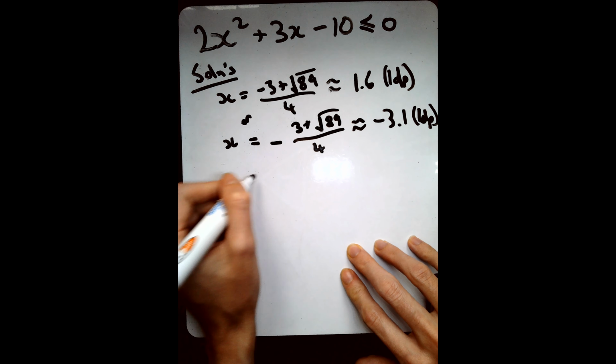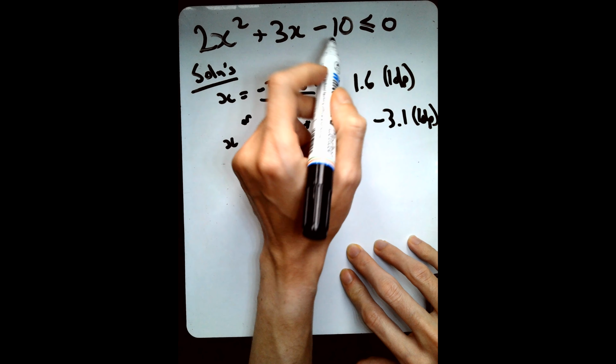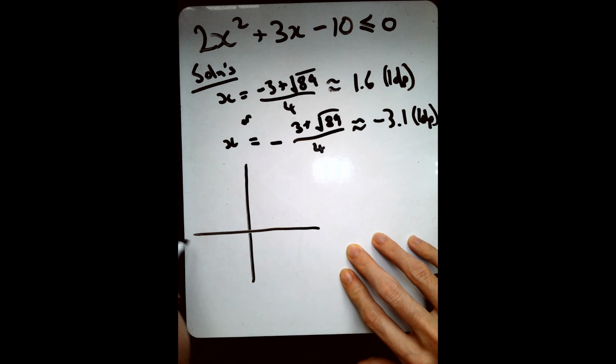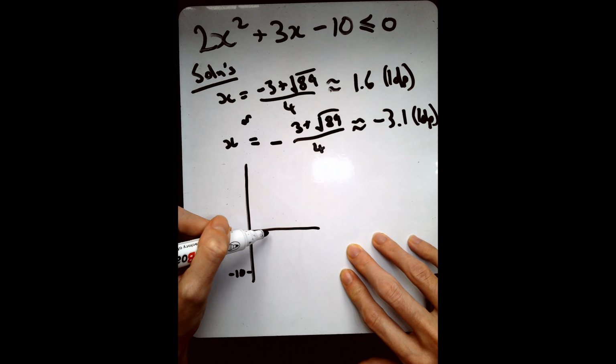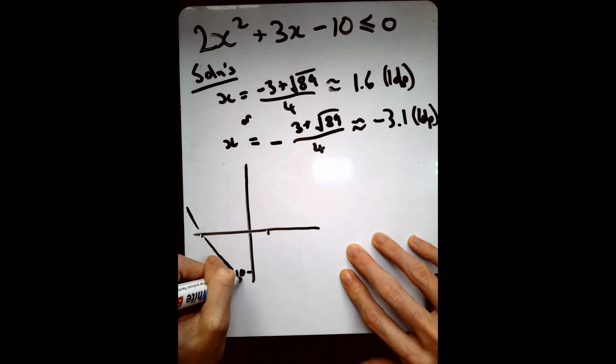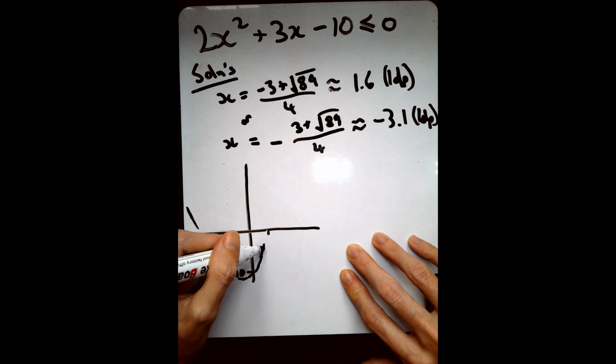Now if we do our sketch, we've got 1.6, negative 3.1, our y-intercept is going to be negative 10. So negative 10, let's say that's down here. We've got approximately 1.6 over here and about negative 3.1 over here. So my curve, if it's going to go through those, is going to go like this. Come down there, have the minimum around there, and come back up here.